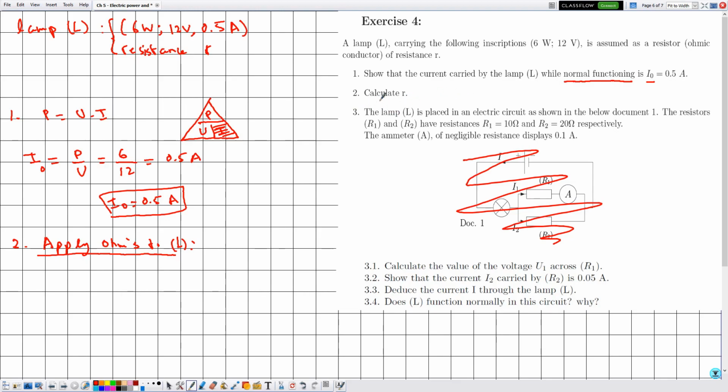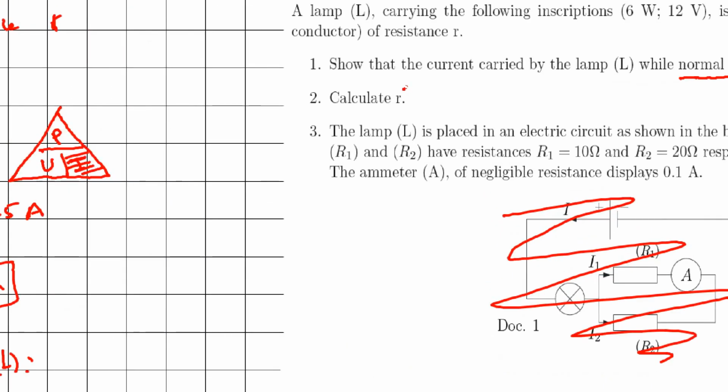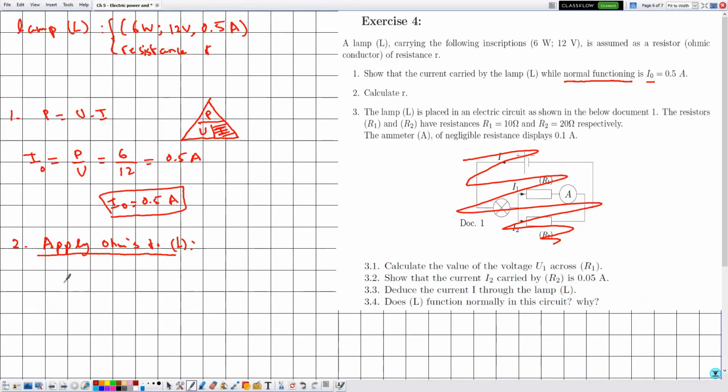No need here for mentioning that the lamp L is functioning normally, because we can use the indications in two cases: either if the lamp L is functioning normally, or if we are calculating the resistance R, which is this case. So here I repeat that we can use the indications, although they didn't mention that the lamp L is functioning normally, because we are calculating resistance.